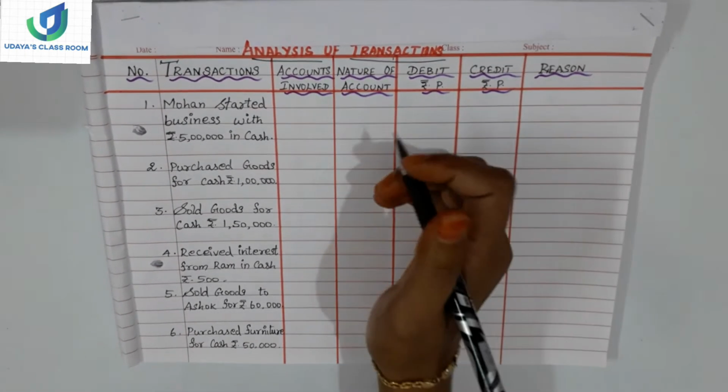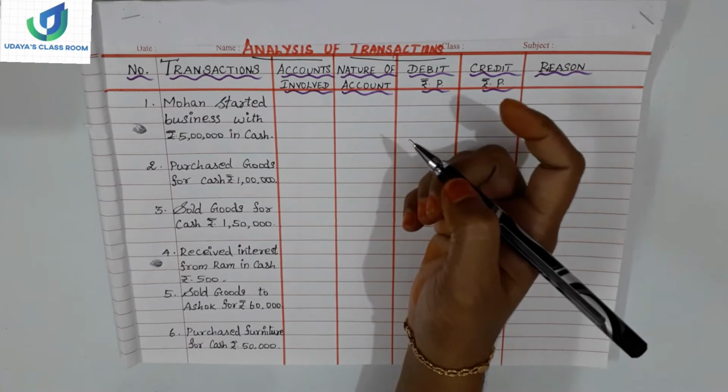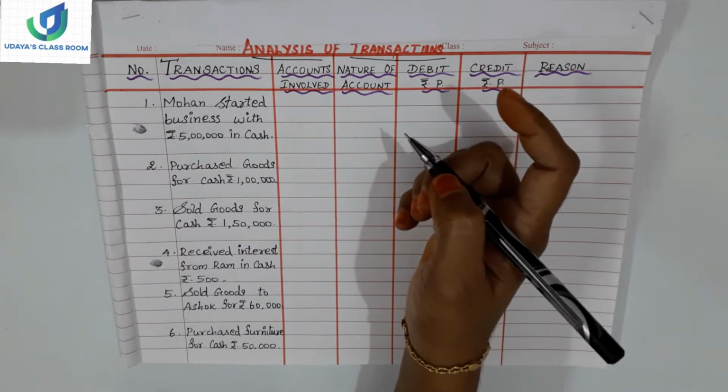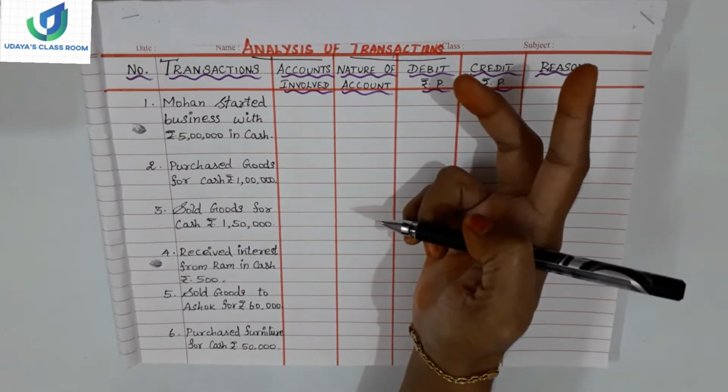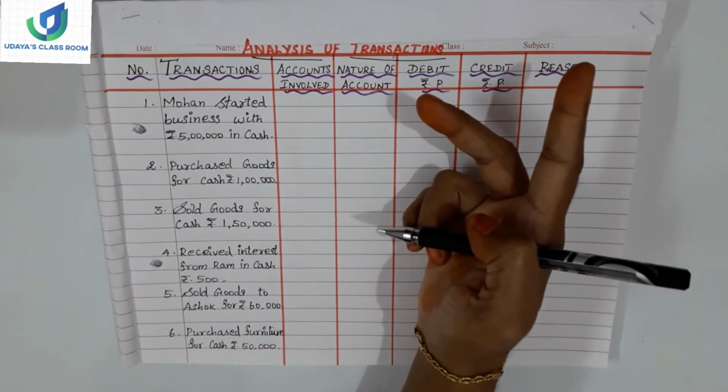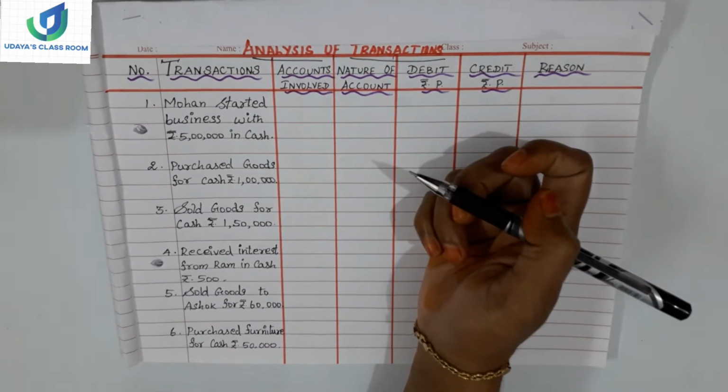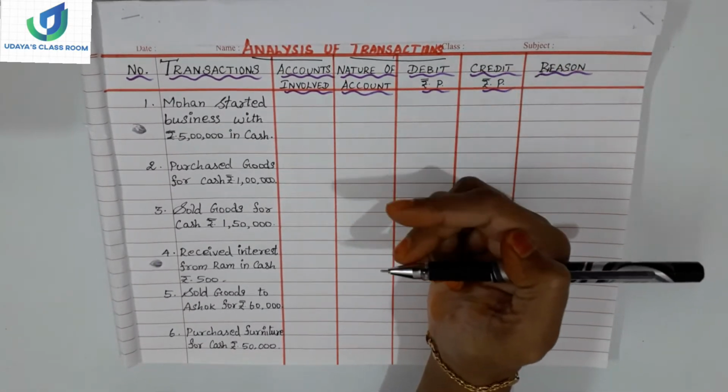Already I have told you in the previous sessions, any transaction if we take, there will be two aspects. So the two aspects are called dual aspect, right? So double entry will be there.